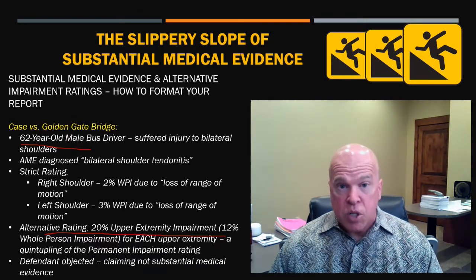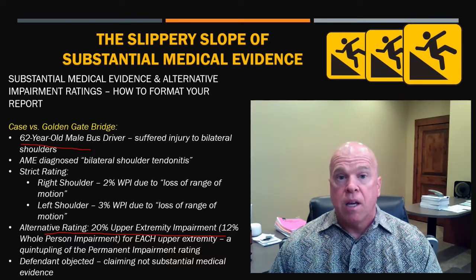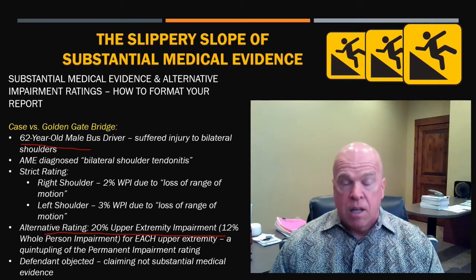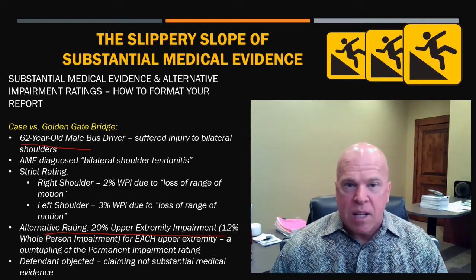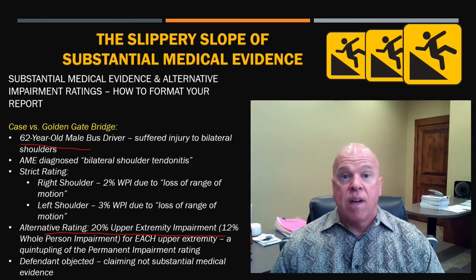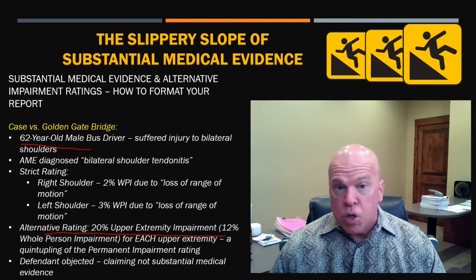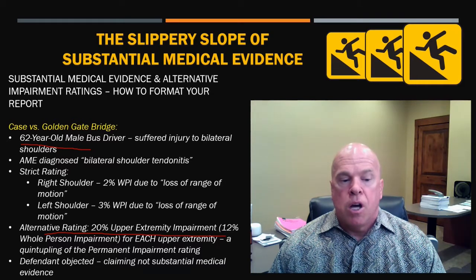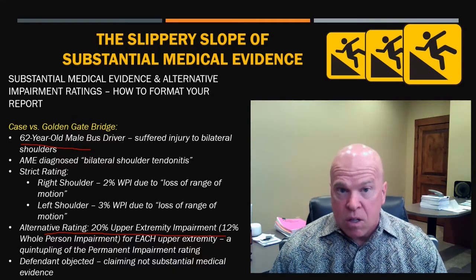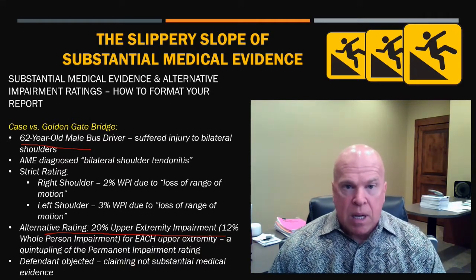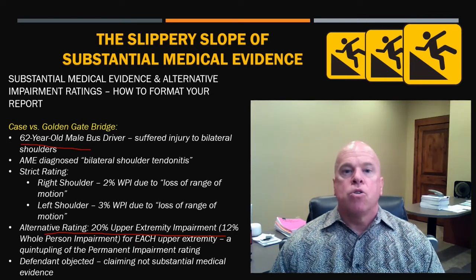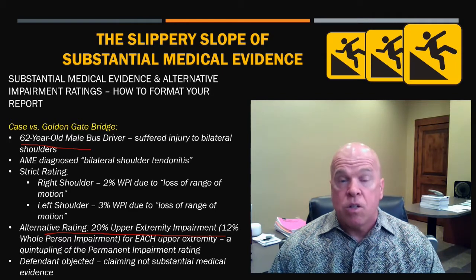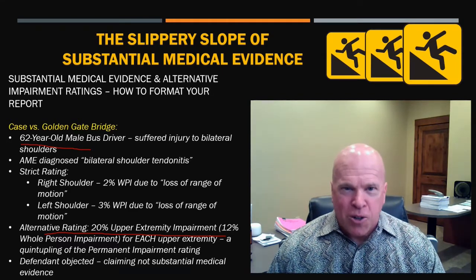So the defendant objected to the use of grip strength testing. And further, in the context of grip strength testing, the chart and table in the AMA guides does not even discuss normal strength values for a 62-year-old compared to 59-year-olds. So the defendant had adequate basis to object to the medical evaluator's alternative impairment rating. Okay, so let's see how this case was eventually resolved.